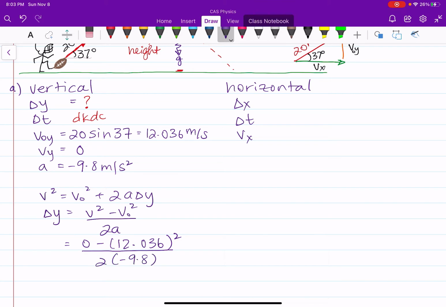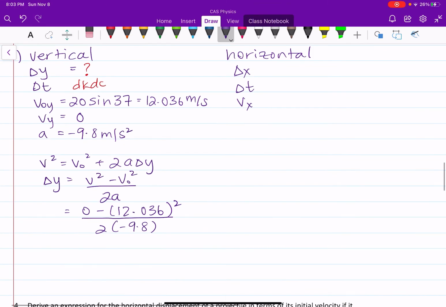Sometimes when you forget about the signs, you just kind of fudge them. Like you may have done this and ended up with a negative and just been like, that doesn't make sense, I'm just going to ignore it. But the signs really should make sense. They should work out. If you look at what I have here, I end up with negative on the top and the denominator, so they cancel out and my delta y is positive, which makes sense because it's rising, right?